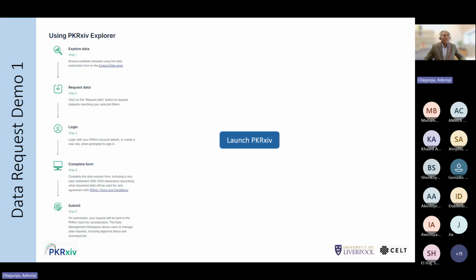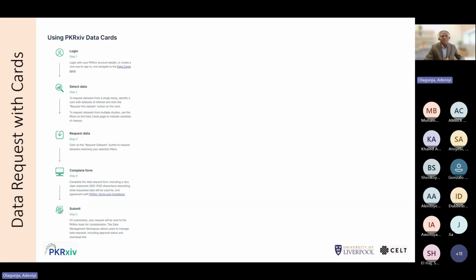All right, thank you. So now that we've covered how to request data using the PKRxiv Explorer, next I would like to cover how you do exactly the same, but this time using what we call data cards. It follows a series of very simple steps as well.